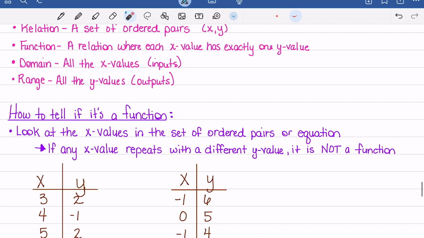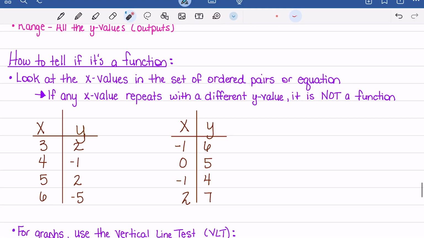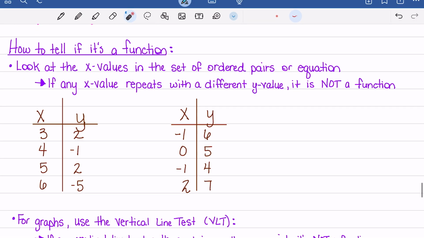So let's start by looking at how you tell if something is a function. To tell if something is a function, we're going to look at the x values in the set of ordered pairs, or you may be given the equation. If we have the set of ordered pairs, we're just looking to see, do any of the x values repeat?